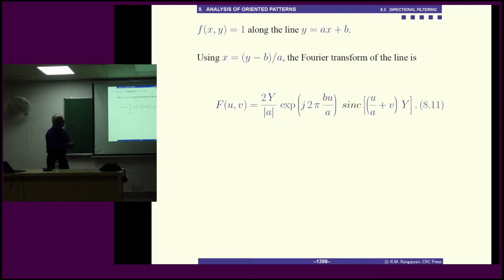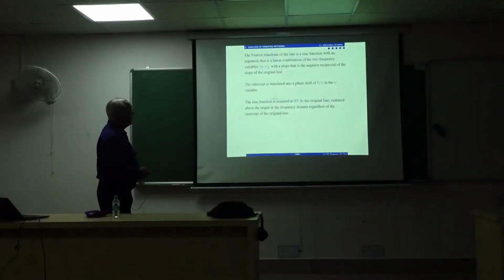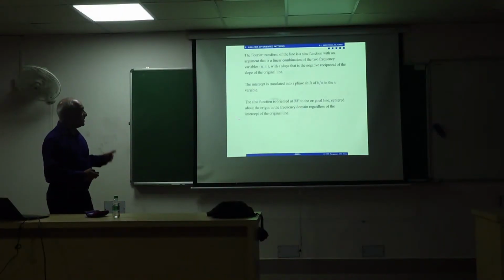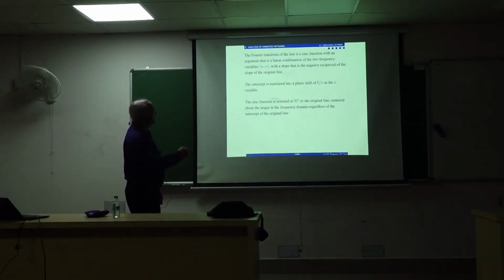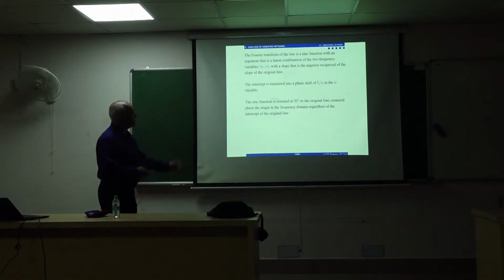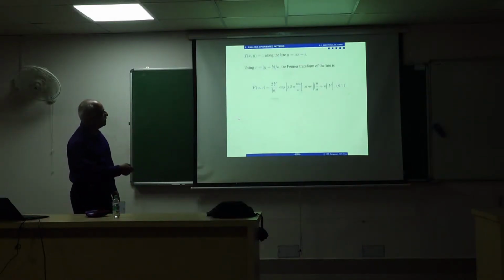So there is a relative scale factor of a between the two frequency axes. That shows the preferred orientation. So the Fourier transform of the line is a sinc function with an argument that is a linear combination of the two frequency variables with a slope that is the negative reciprocal of the slope of the original line, which is this 1 over a.